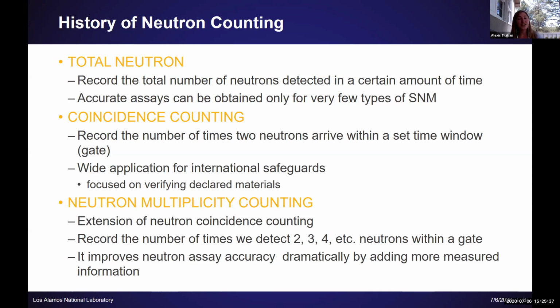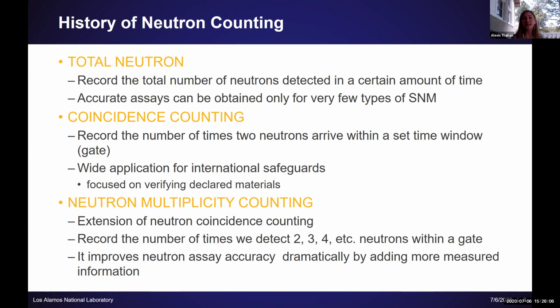However, there's a drawback. The efficiency of detecting total neutrons is proportional to the efficiency of the detector system. The efficiency of detecting coincident neutrons is proportional to the efficiency of your system squared. Consequently, the efficiency of detecting 3 neutrons in some time window is proportional to the efficiency of your detector system cubed.